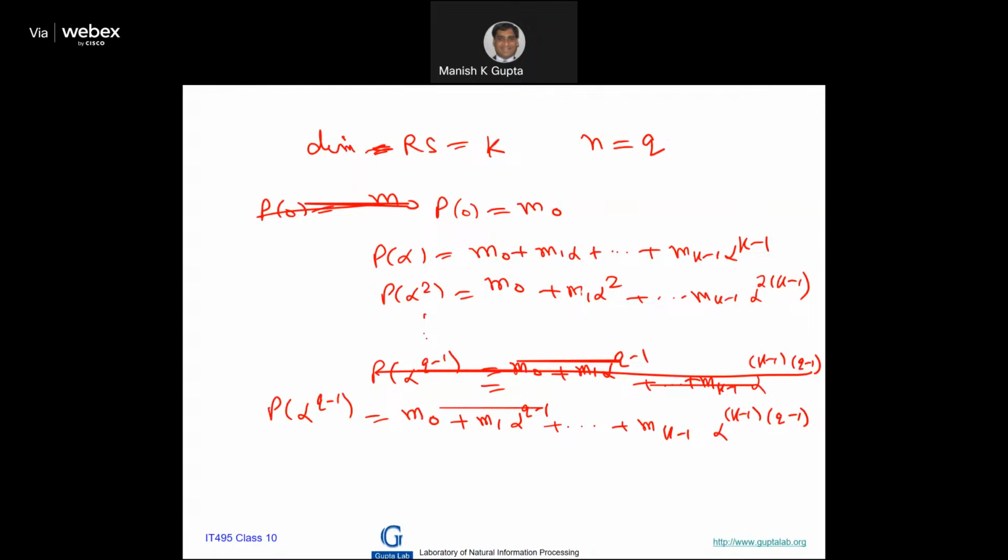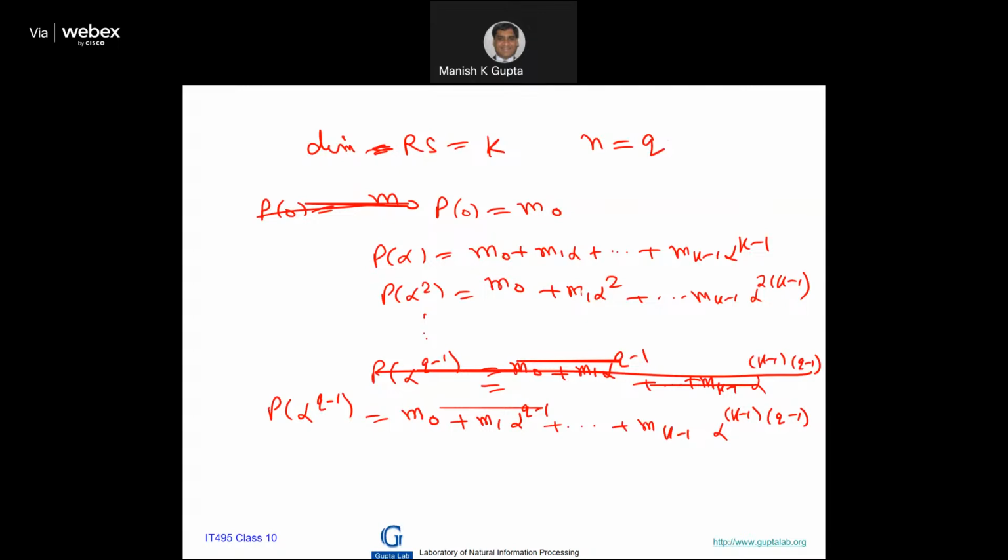I don't know whether I have given this matrix to you in discrete math class, but it is known as the Vandermonde matrix. I'll talk about it in a minute. What I'm going to do is take any K equations out of these Q equations. So this will be a system of equations of K by K, since K Mi's are there, right?